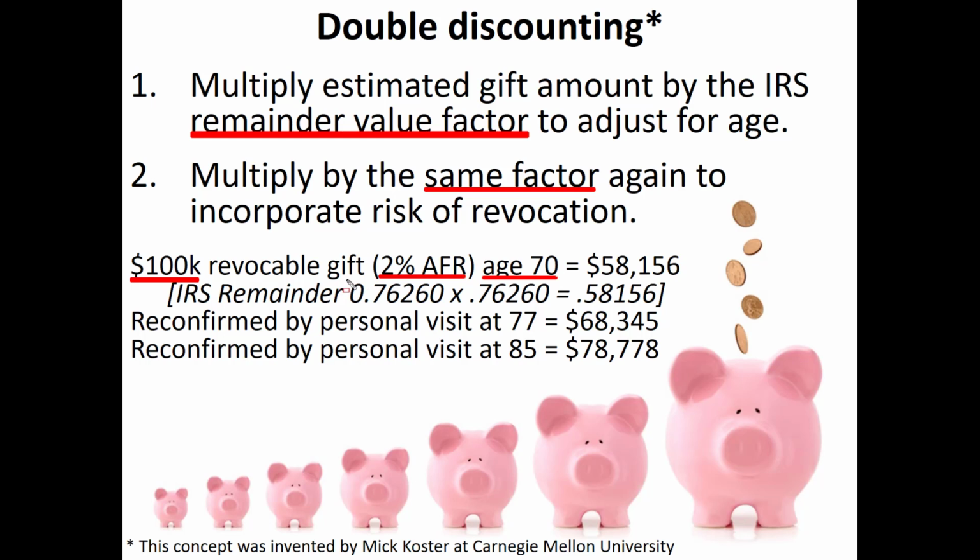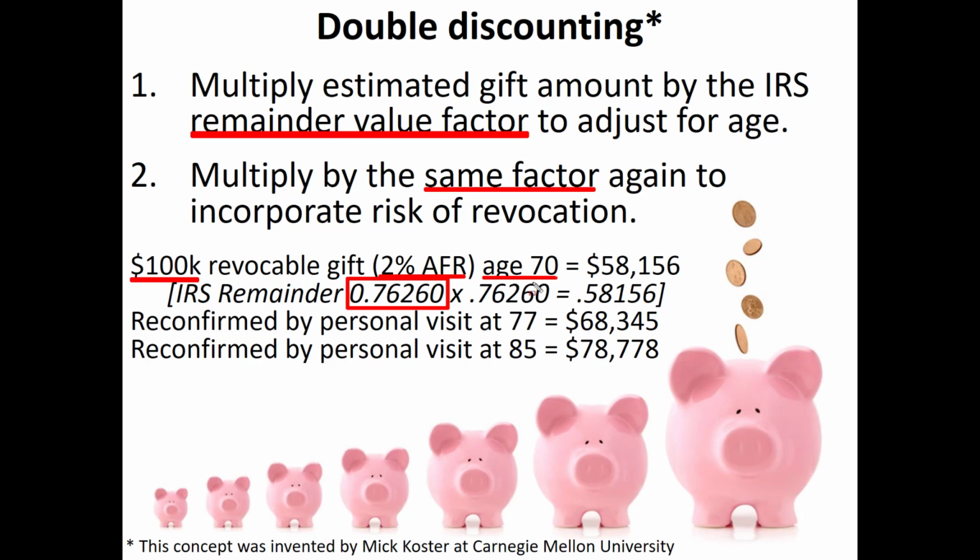The answer is that the remainder interest value is 0.76260 of the $100,000. In other words, the tax deduction for such a gift is $76,260.